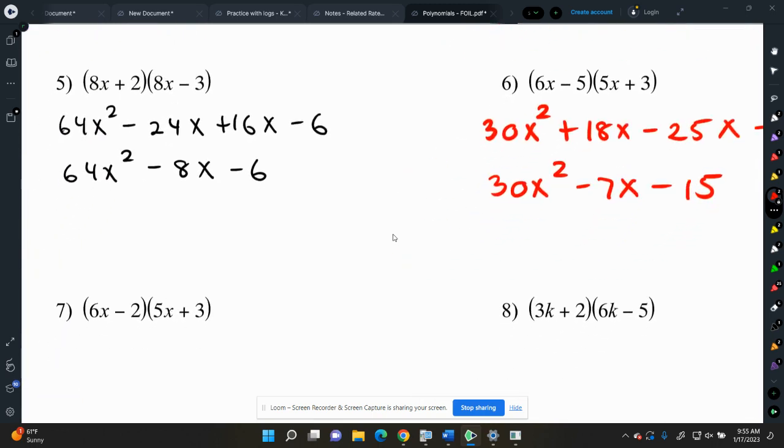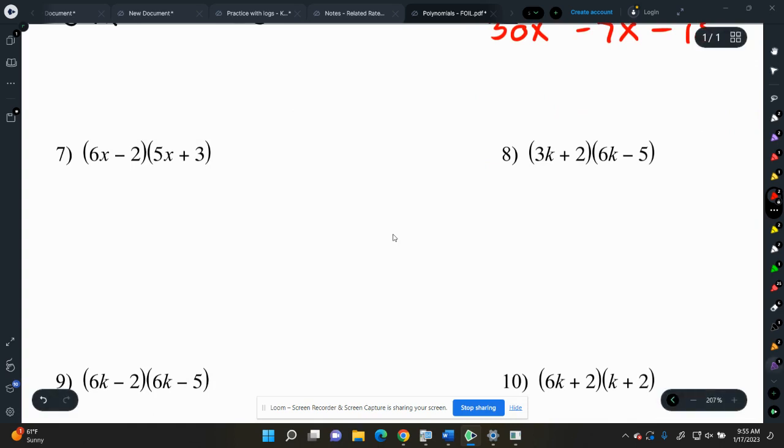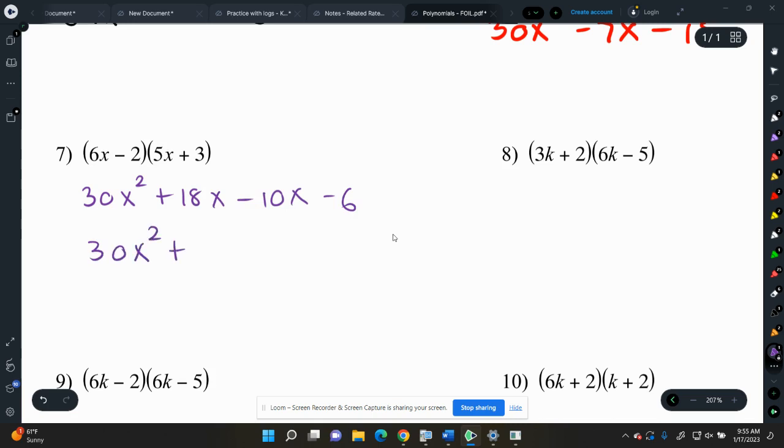Okay. Questions, anyone? Okay, Shayna, number 7. I got 30x squared plus 18x minus 10x minus 6. Then I got 30x squared plus 8x minus 6. Perfect. Absolutely perfect. Okay.